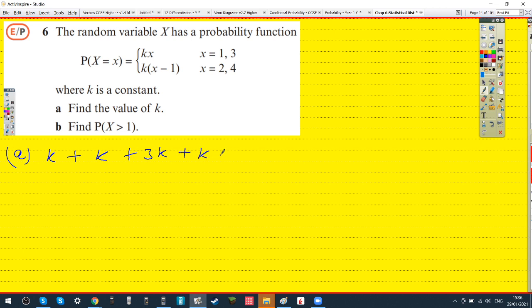Mm-hmm. I think it's 3K. Oh, I wrote the wrong one. Sorry, I said yes and wrote the wrong one. And then it equals to 1. Yeah. And then K is equal to 1/8, I think. Yeah. And you'll be fine for B, I believe.